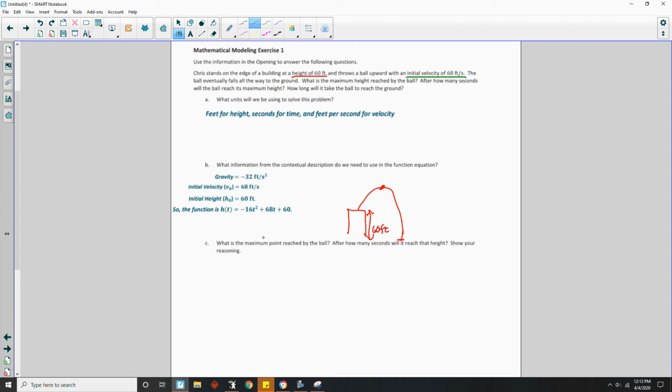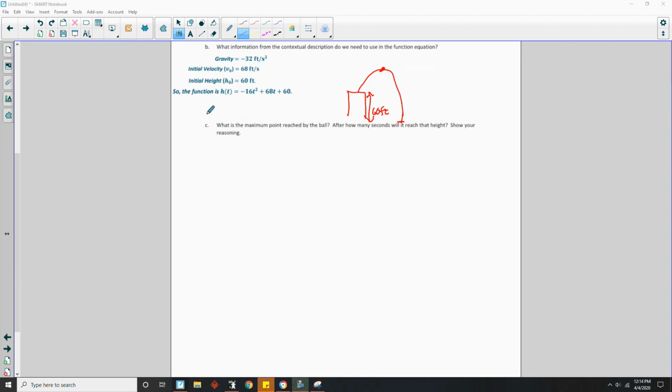I first have to group my variable terms, and they're going to be factorable by negative 4. So I pull out negative 4, leaving 4t squared minus 17t. Well, half of 17 squared gets to be a pretty big number. So we're going to do this a different way than completing the square. Okay, so let's do it this way.